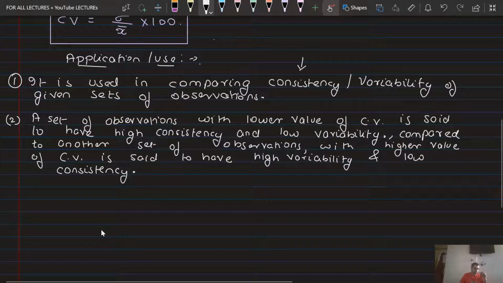Now see, I'll give you all these points in a tabular manner because remembering such a statement is not so easy. I can understand that. So I'll give you a table for this. So don't worry.